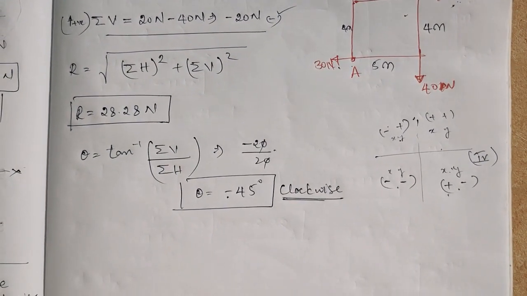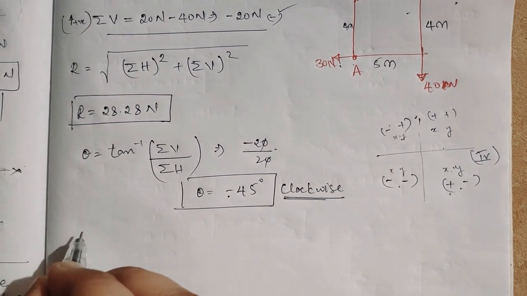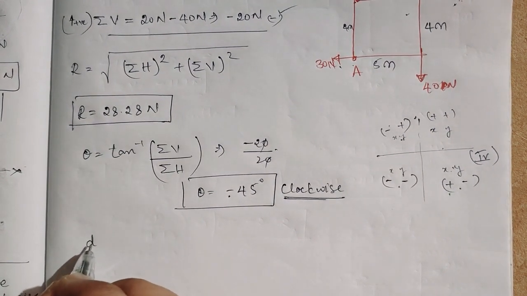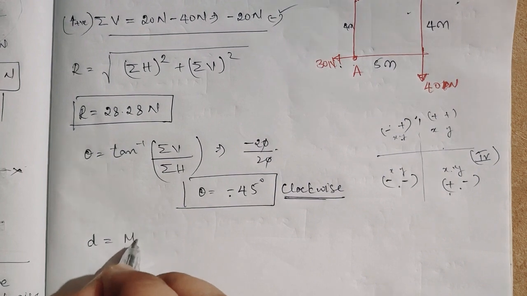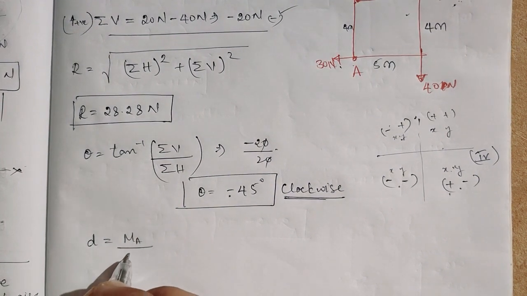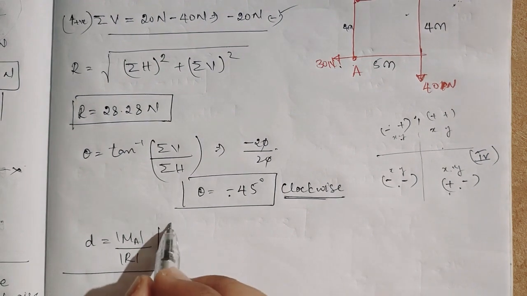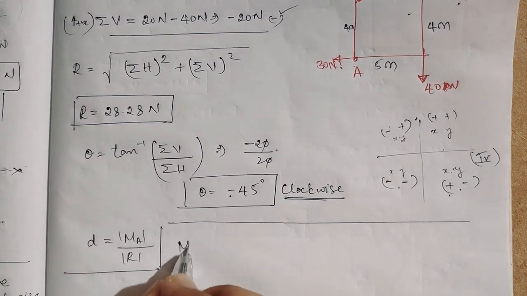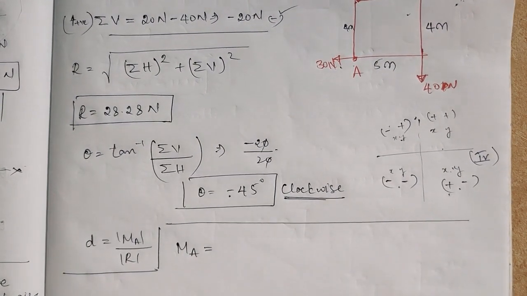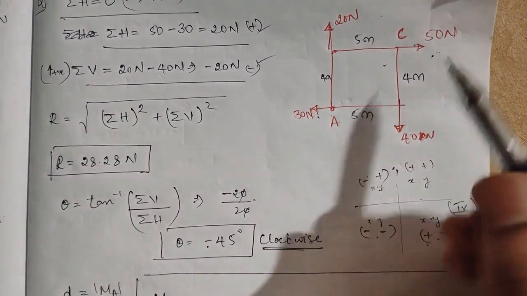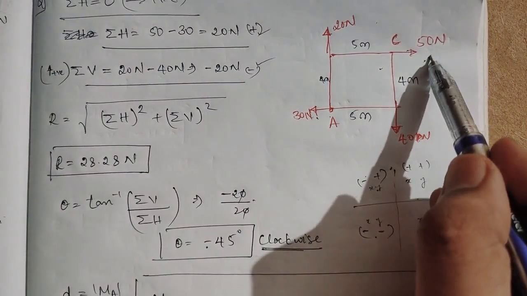Now what we have to find? We'll find d, that is moment about A divided by resultant R. So we want moment about A, right? So moment about A is equal to, so see, one force, take 50 Newton.